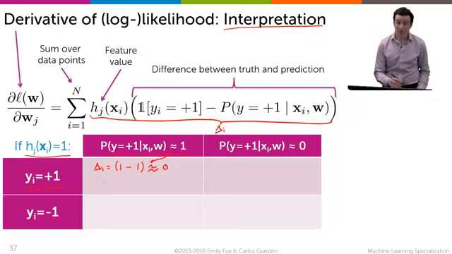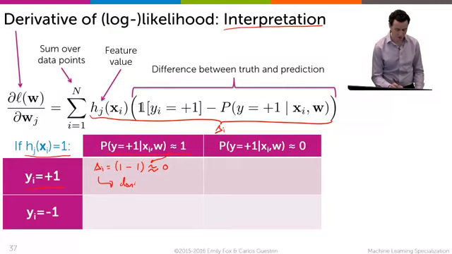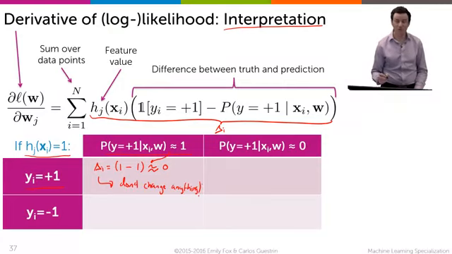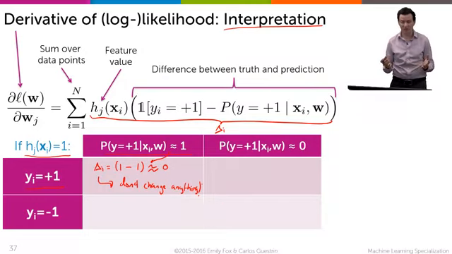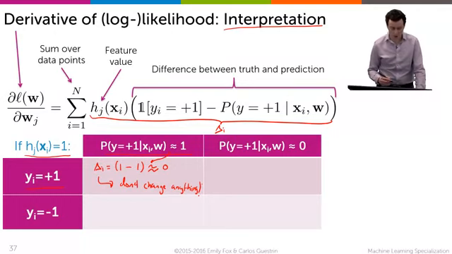In other words, the data point is positive. The model thinks it's a positive data point. So the contribution here is 0, which means don't change anything. From the perspective of this parameter, you shouldn't change anything, which makes sense. You get it right. But let's see what happens if you're getting it completely wrong.